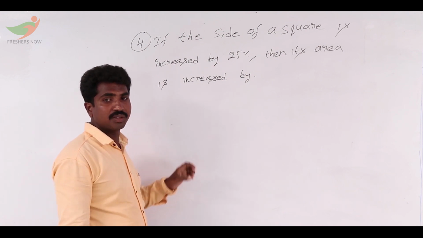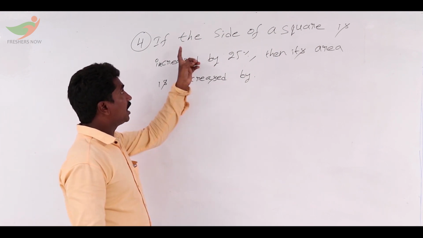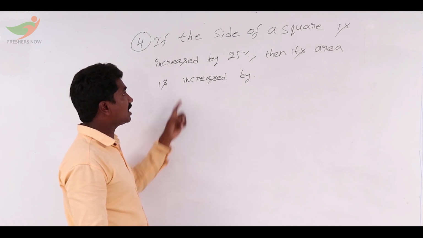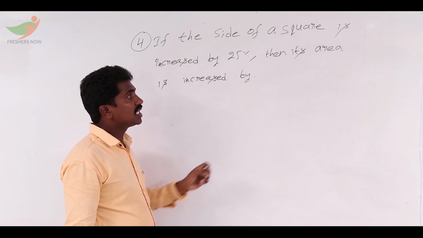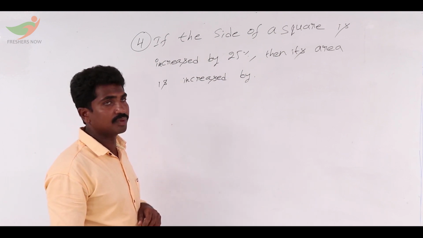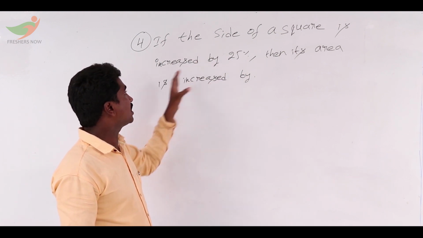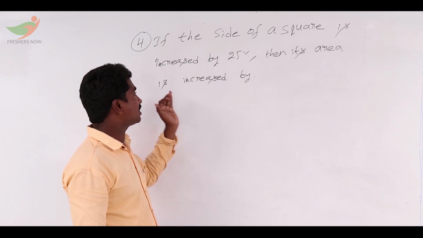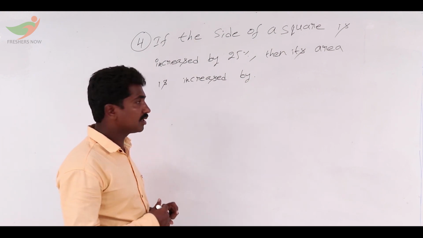Now we discuss the fourth question, percentages. If the side of a square is increased by 25%, then its area is increased by how much?